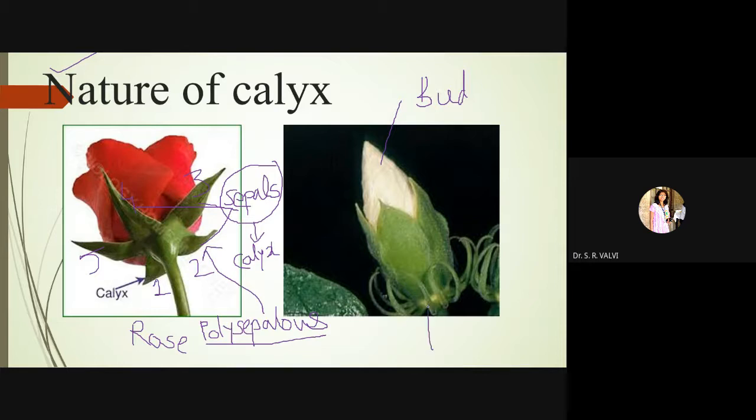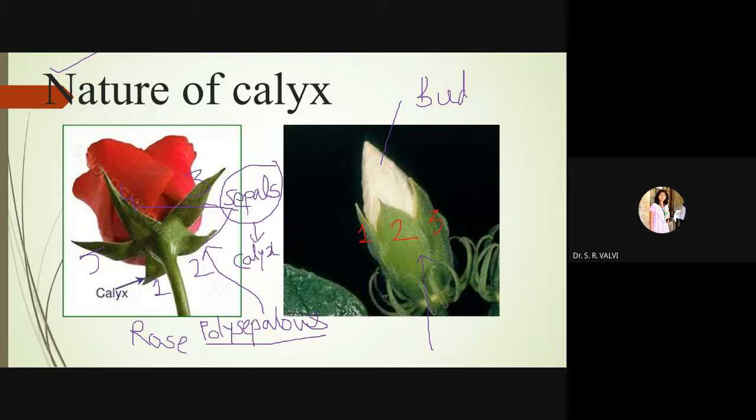In case of this white color datura flower, I will change the color of my pen so that you will get it. Here this is sepal number 1, this is sepal number 2, and this is sepal number 3. What we are observing is that all these sepals are fused.